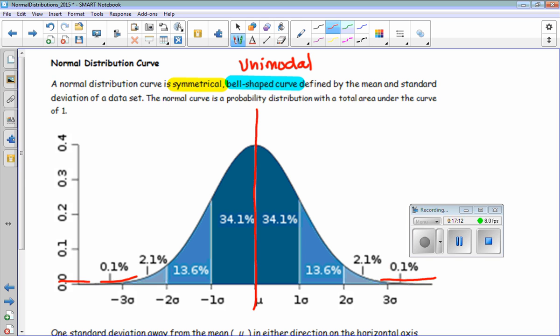Now, the normal distribution is defined by the mean and the standard deviation of a data set, okay? So for every normal distribution, if we're told that a data set is normal, so if I have a set of numbers, let's say the set of heights of 18-year-old boys.